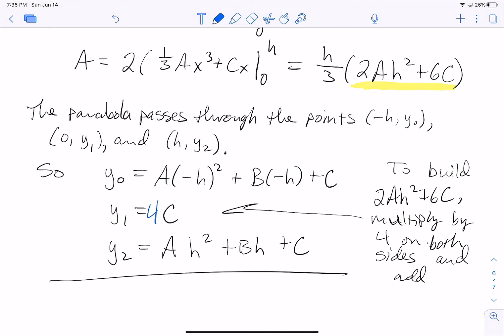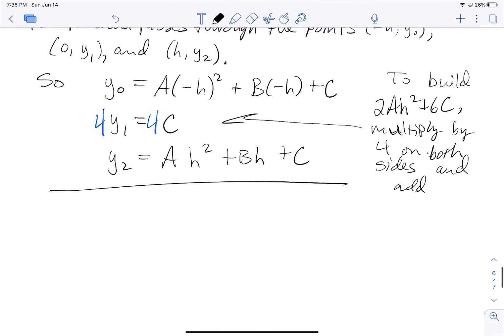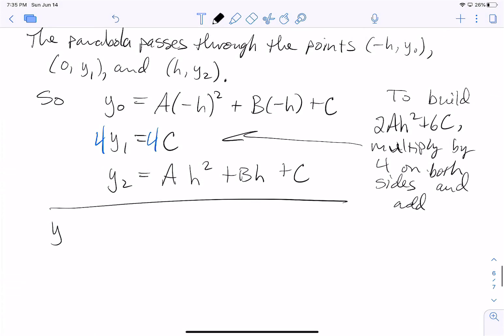So multiplying by 4 on both sides, we get 4y1 is equal to 4c. Adding together on the left-hand side is not going to do us many favors here, but it's y sub 0 plus 4y1 plus y2. Adding on the right-hand side, we have ah squared. I mean, it's negative h squared, but when you square it, it becomes ah squared.